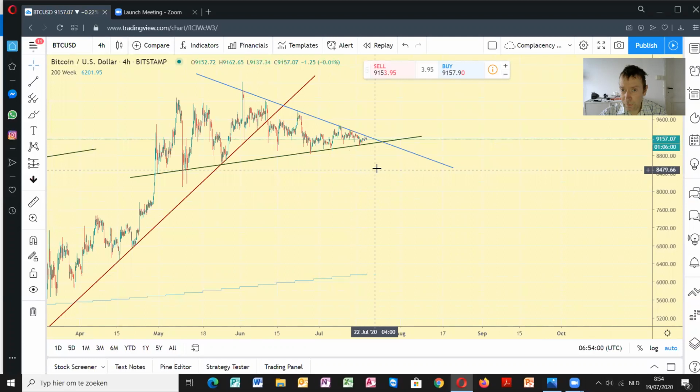And then if we draw this green trend line like this, the end of the triangle would only be on the 24th of July.